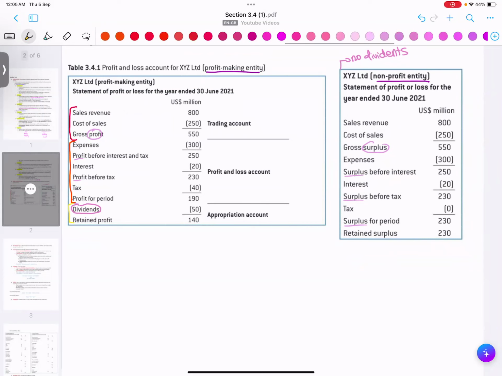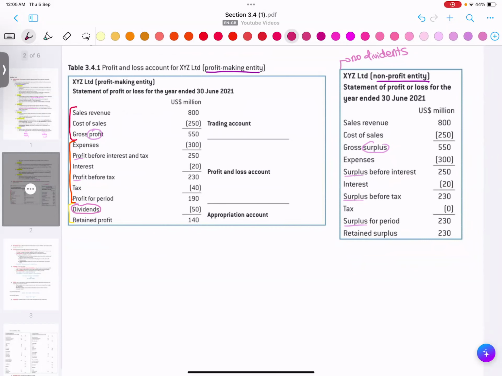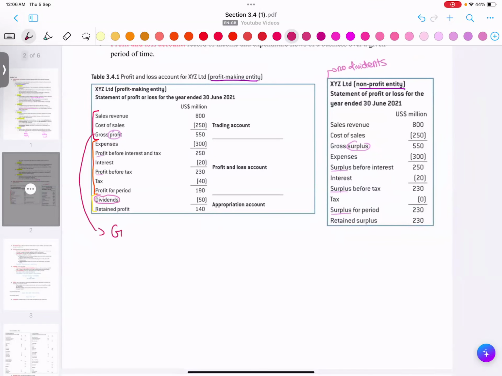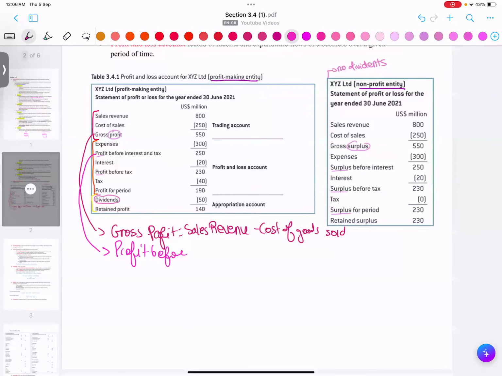So let us begin. The first formula is that gross profit is equivalent to sales revenue minus cost of goods sold. Then profit before interest and tax is basically gross profit minus expenses.